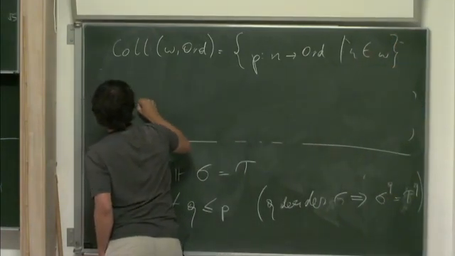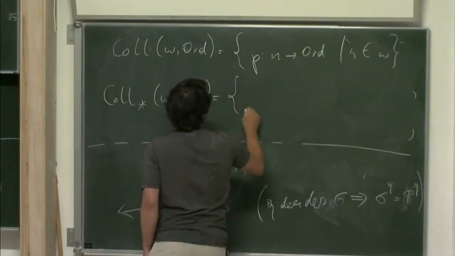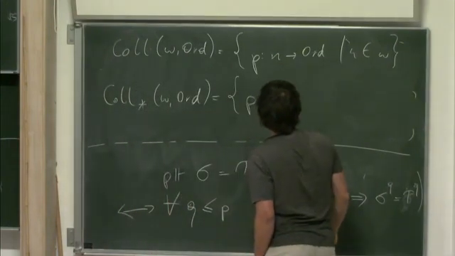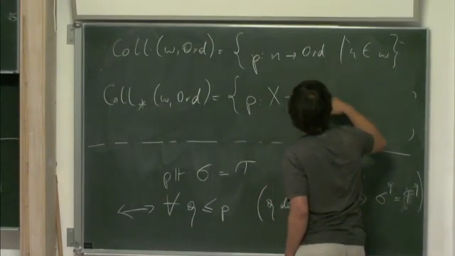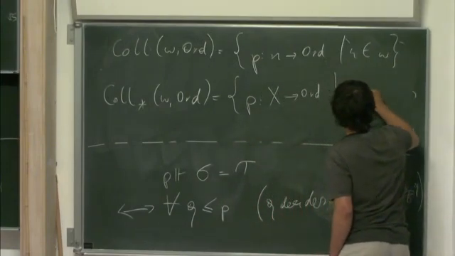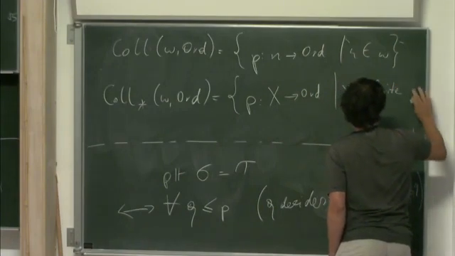Now Coll*(omega, Ord) is the collection of all functions p from, say, x to Ord, where x, a subset of omega, is finite.